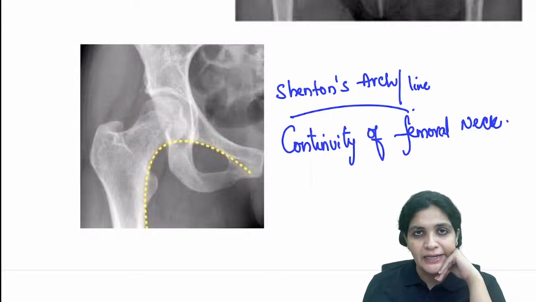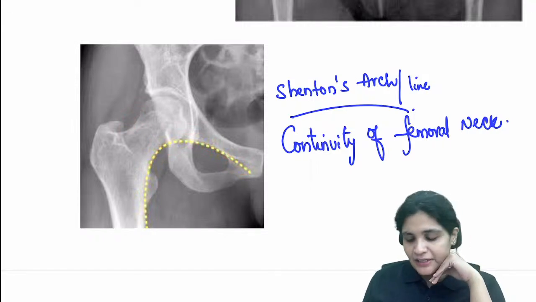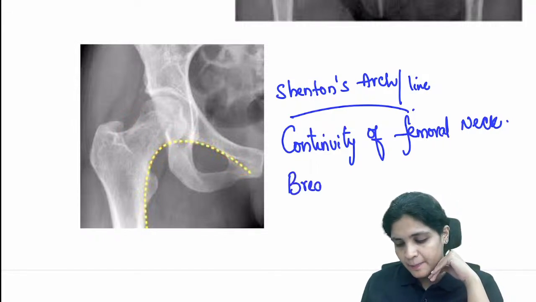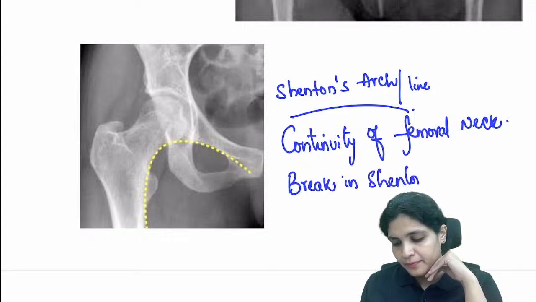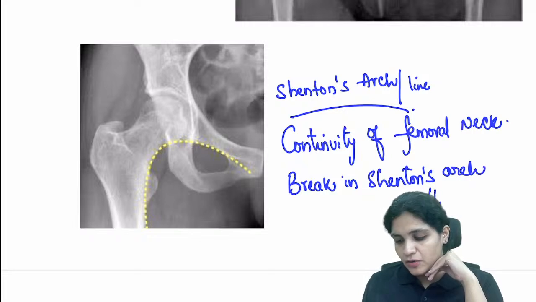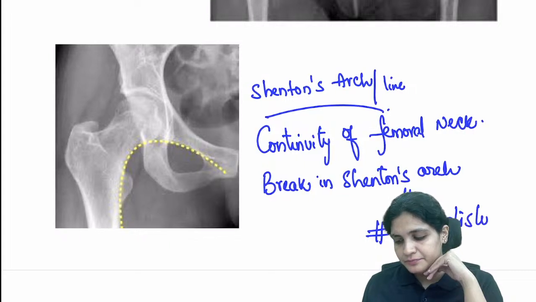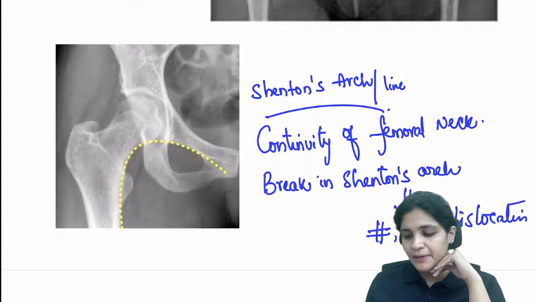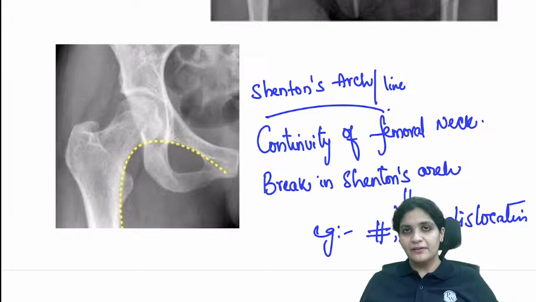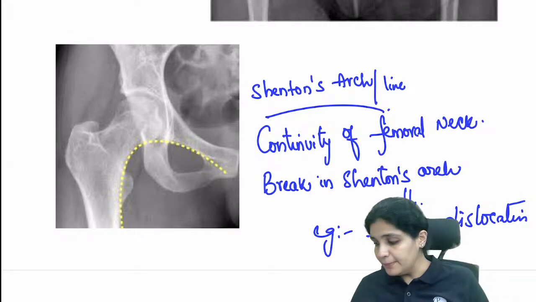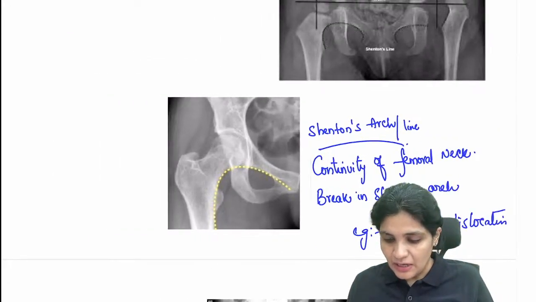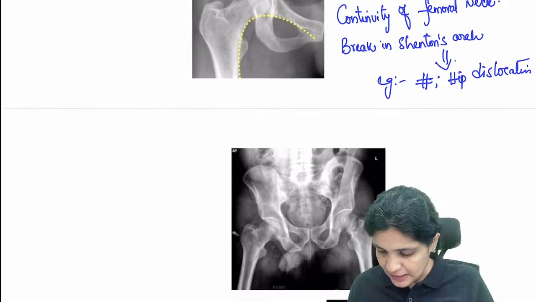So that is your Shenton's arch. A break in the Shenton's arch or Shenton's line is an indication of fracture or hip dislocation. So whenever there is a break, you can suspect that there could be a fracture or a hip dislocation, right? So this is how there is a break in the Shenton's arch.